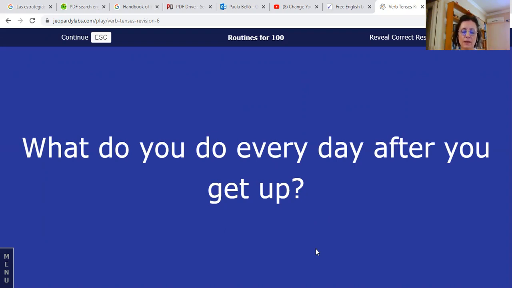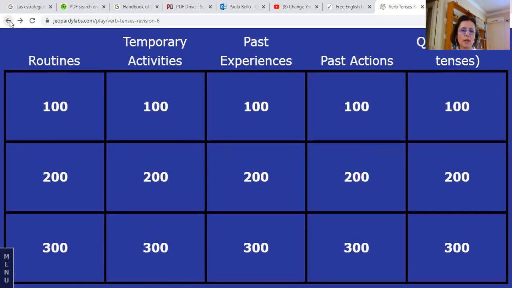Yes, I have breakfast with my daughter, with my husband, my family. So remember that breakfast is only a noun, so you need the verb, you need the action. So you prepare breakfast, or yes, I have breakfast. Yes, excellent. Okay, so now you know how it works.